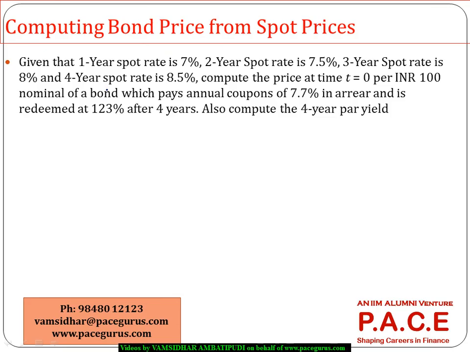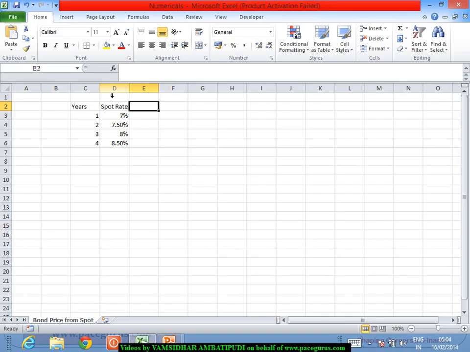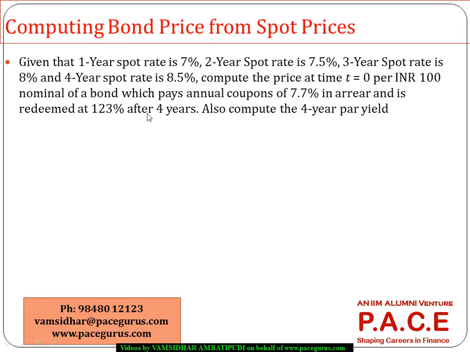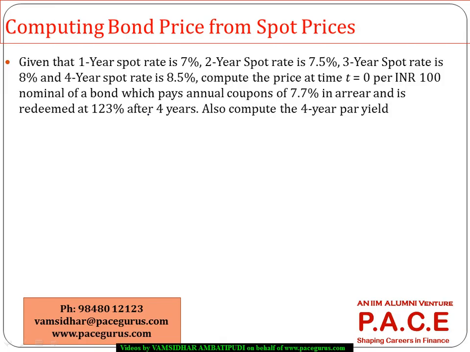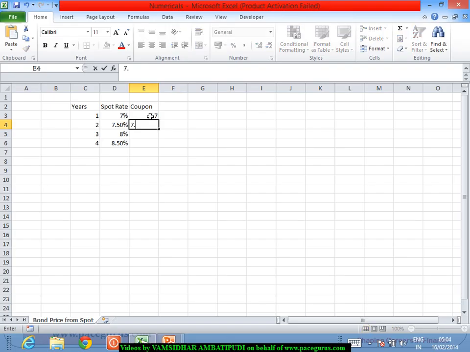Then compute the price of a bond which pays annual coupons of 7.7%. So the coupons that are paid for the bond at the end of the first year, some 7.7 is being paid. Like that, at the end of each of the years, per 4 years, there is a 7.7 that is being paid as coupon.